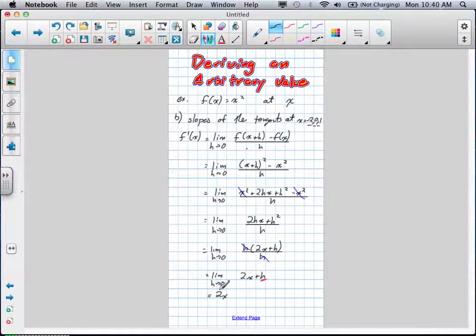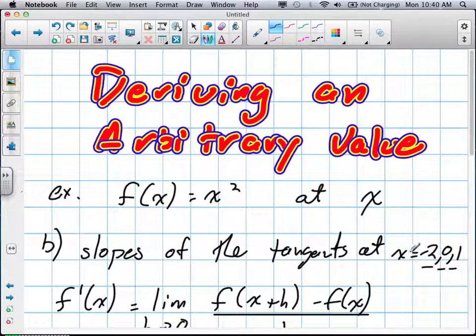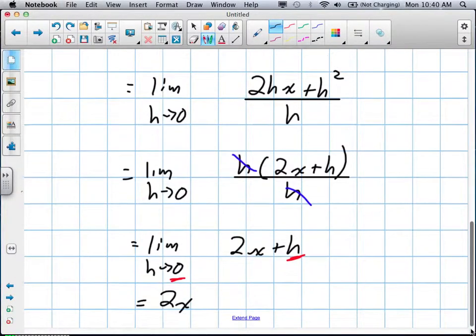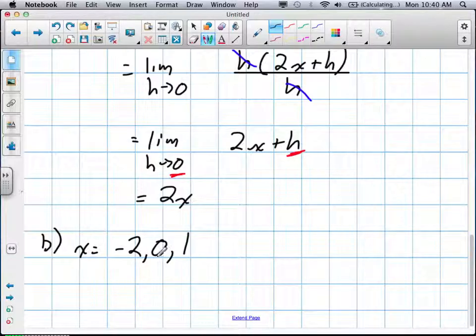So now that we have this equation, we can go back up to part B. Part B said find the slopes of the tangent when x is -2, 0, and 1. So I'm going to jump back to the bottom again. Instead of plugging those values into the first principle formula and carrying out this process 3 different times, now that we've got an equation at the end here, our 2x, we're just going to plug them in.